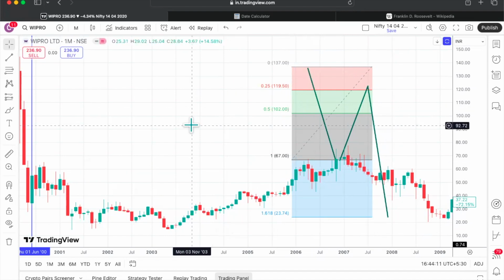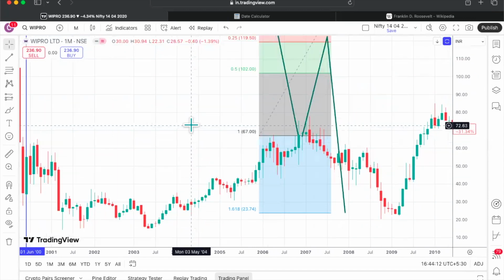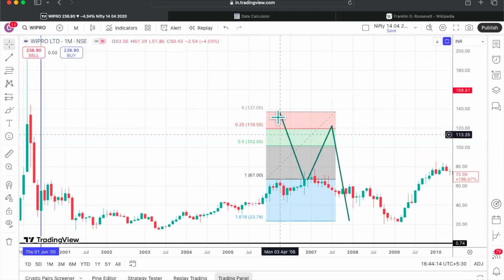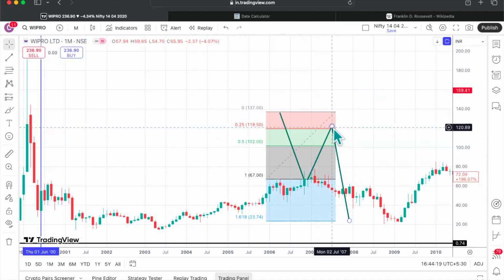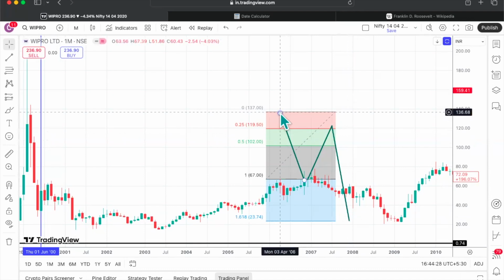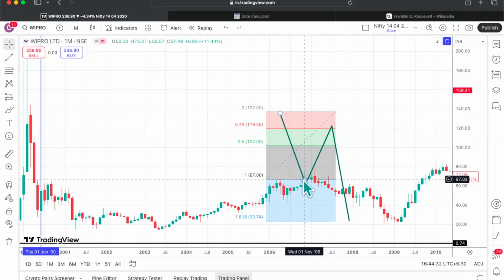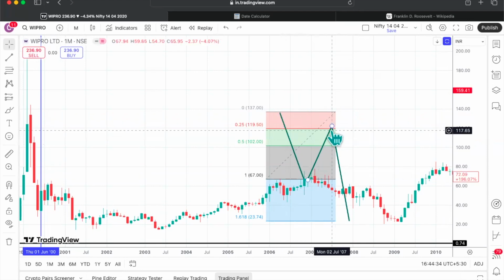So looking at the structure of the market, how is it? Generally it is a high, then there is a low, then it creates a reversal, and after that the market starts dropping down. This is the most important structure of the market that we need to know. We have a high, we have a low. This is generally a range. From this range, we can again identify a high which can come up to 50% or maybe 25%, and from there it starts sliding down.